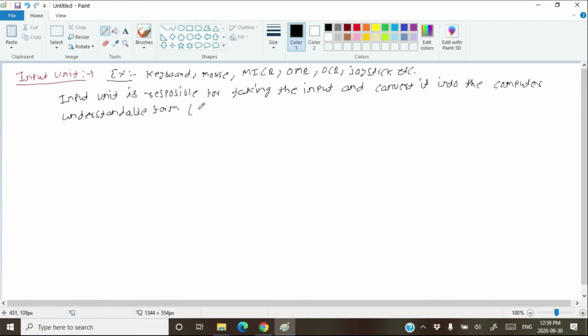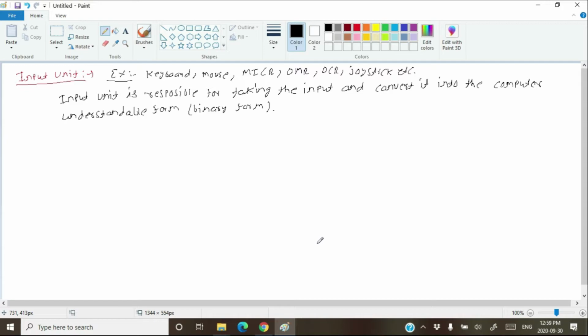That is called binary form. What it means is, whenever you press A from your keyboard, for your computer there is nothing called A. Your computer only understands 0 and 1.